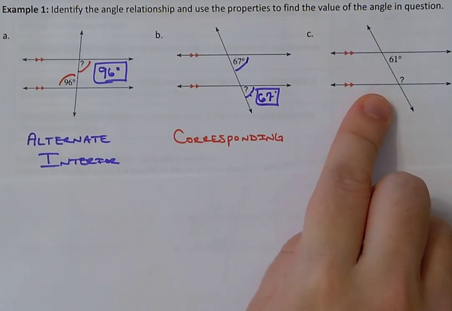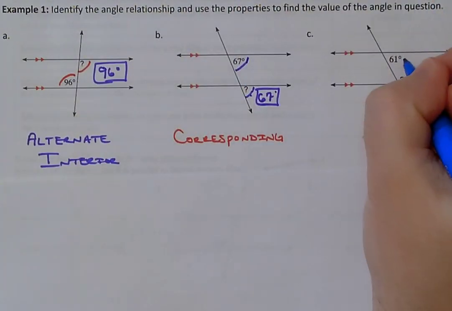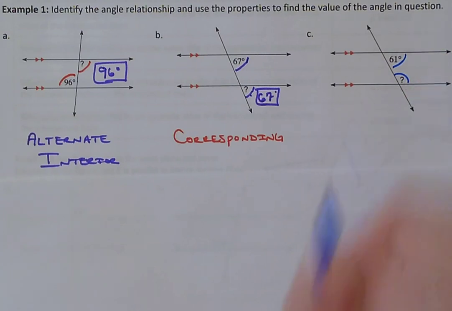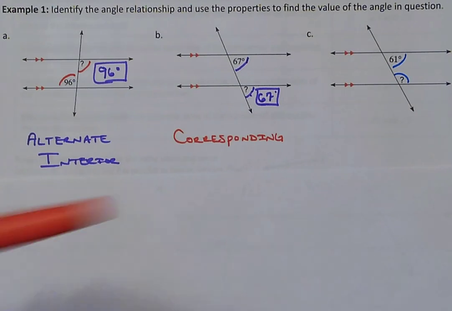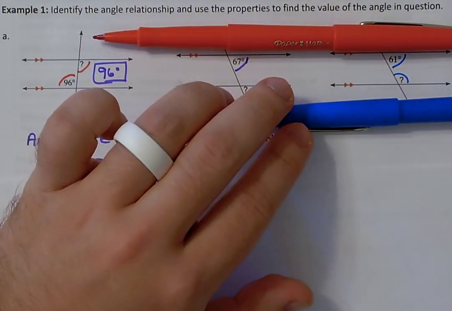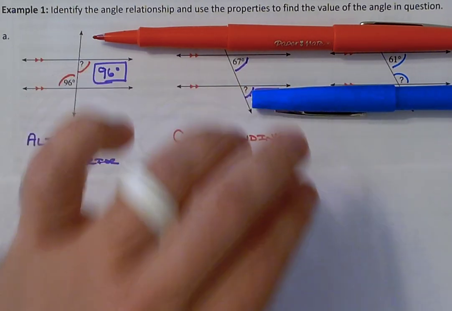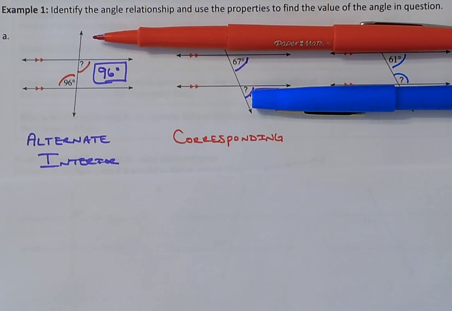All right, for C, if we look at the 61 degrees and this question mark right here, so these are going to be the two angles we look at. Both of them, if you notice, are in between the parallel lines. So the second question you need to ask yourself is, are they on alternate sides of the transversal, or are they on the same side?